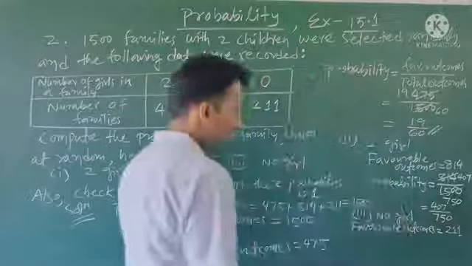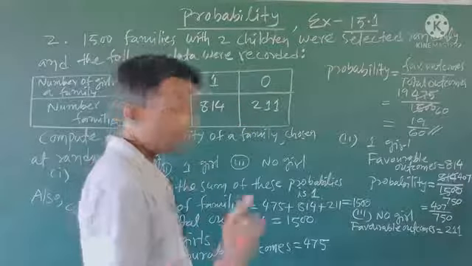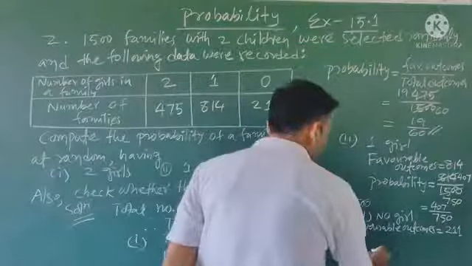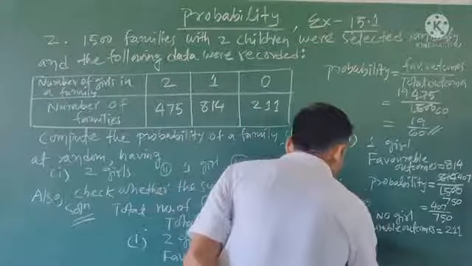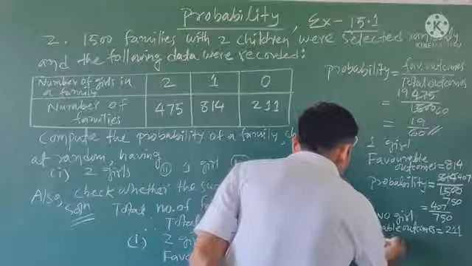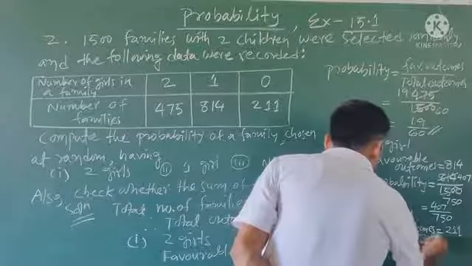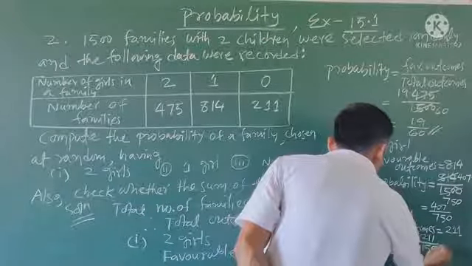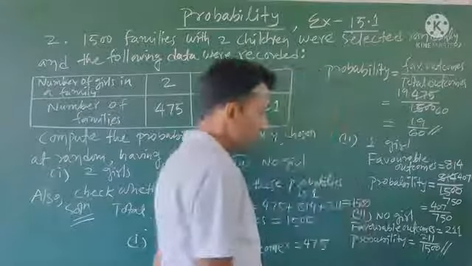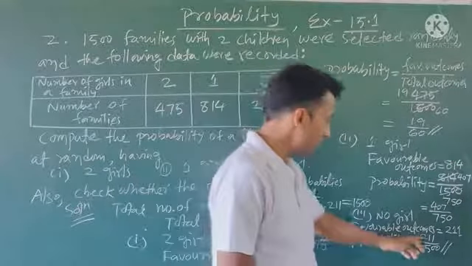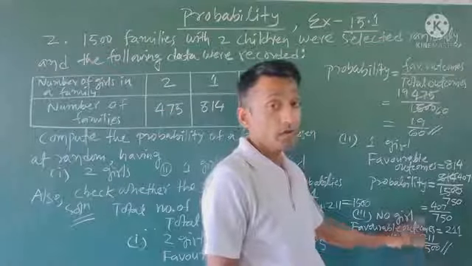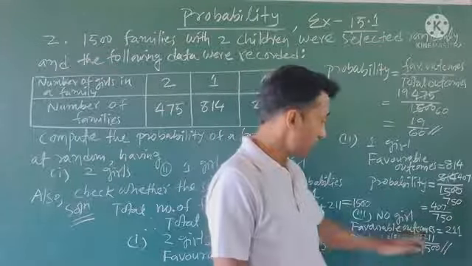That means in 211 families there is no girl. Okay. So probability is favorable outcomes divided by total outcomes. So 211 is an odd number. 1500 is an even number. So there is no common factor. So we cannot cancel this one.